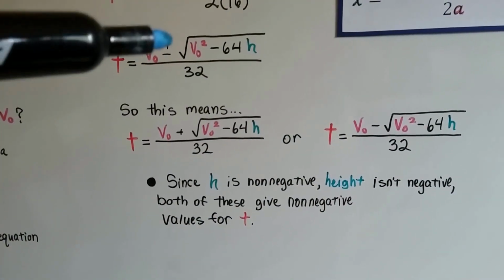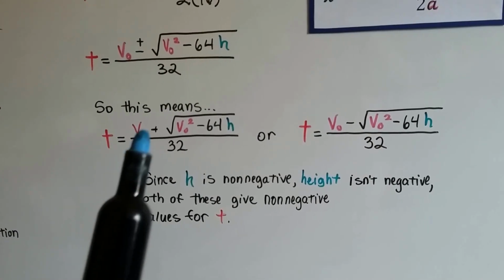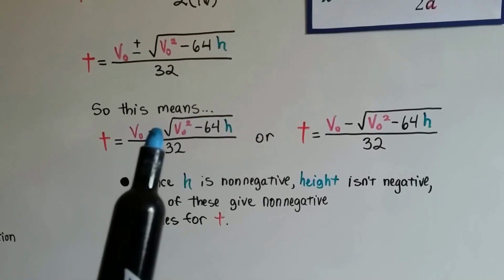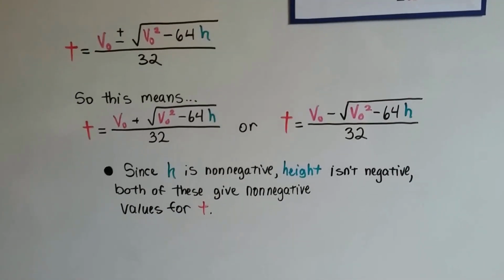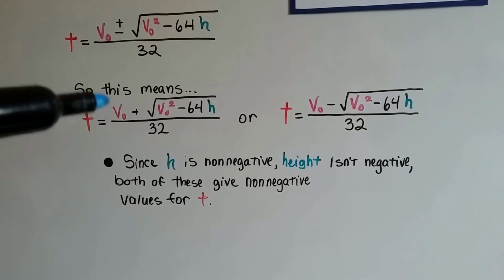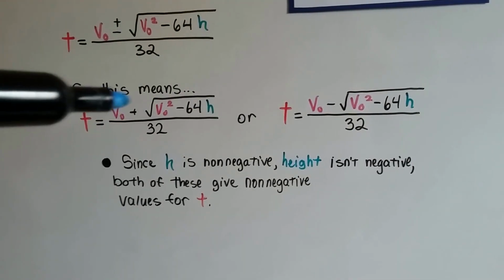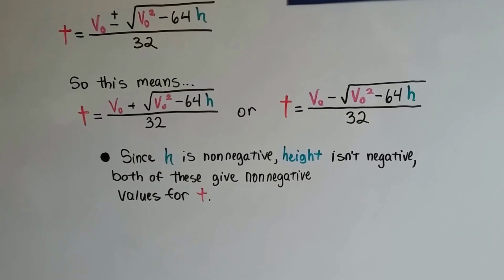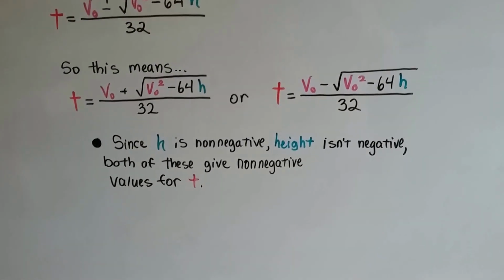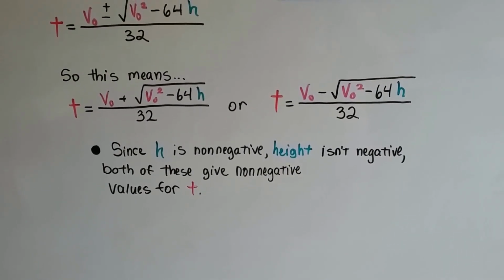So that means, because this is a plus and a minus, our solutions are t equals this with the plus sign, or t equals this with the minus sign. See that? And if we know what this initial velocity is, we can plug that into these equations and solve for t. And since h is non-negative, because height isn't negative, both of these give non-negative values for t.